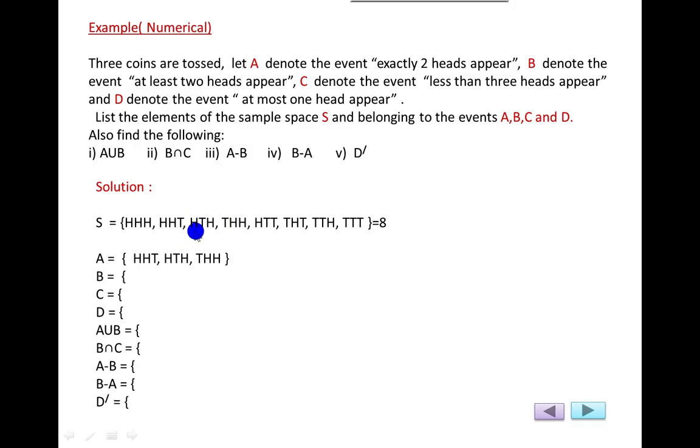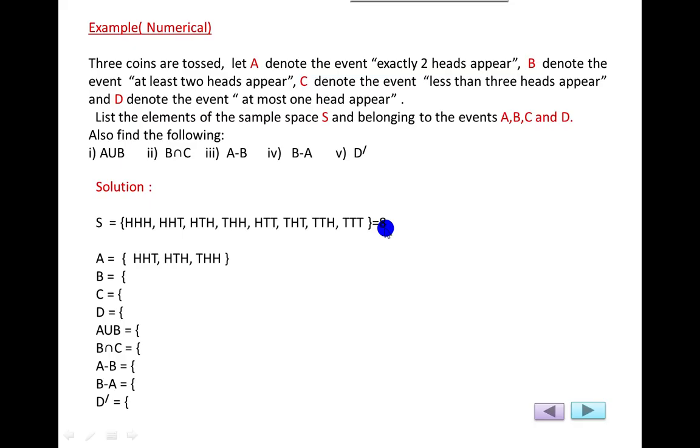So there are 3 outcomes with 2 heads and 1 tail. Now maybe 1 head, 2 tails. Change the position of the head. There are 3 also, with 1 head, 2 tails. And there is no head, 0 tail. In these 3, 1 head, 2 tails. In these 3, 2 heads, 1 tail. All possible outcomes are 8.